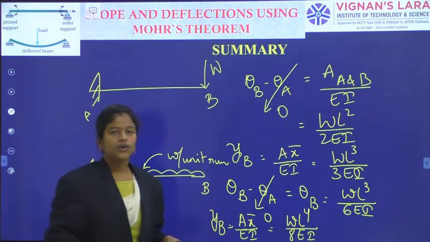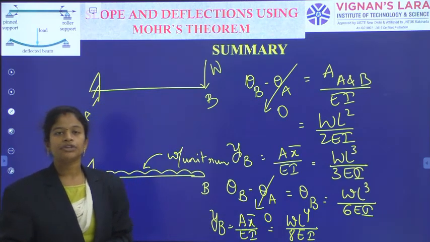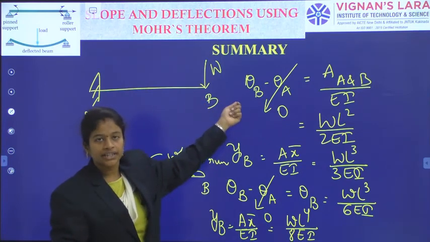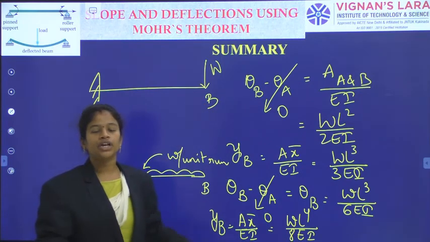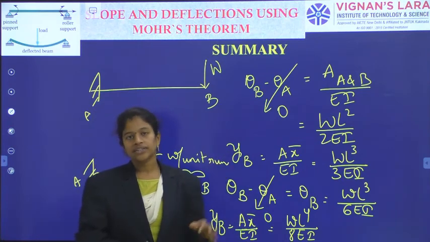So in this way we have calculated slopes and deflections for the simply supported beam with a point load at center, UDL over the entire length, the cantilever beam with a point load at the free end, and the cantilever with UDL over the entire length. These are the basic conditions we are dealing with all over the chapter.